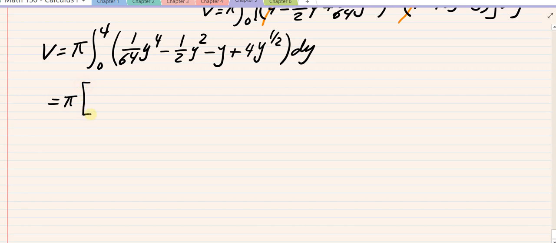Now, using the power rule of integration, the integral of y to the 4th is y to the 5th over 5. 5 times 64 is 320.